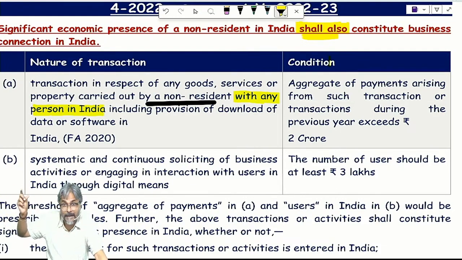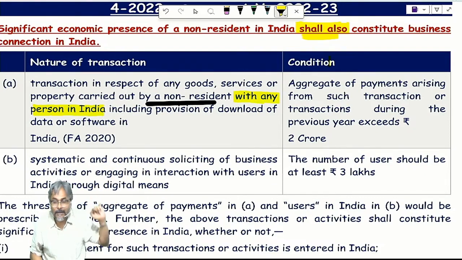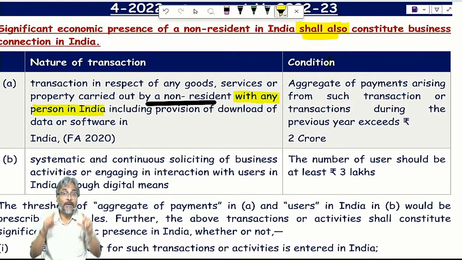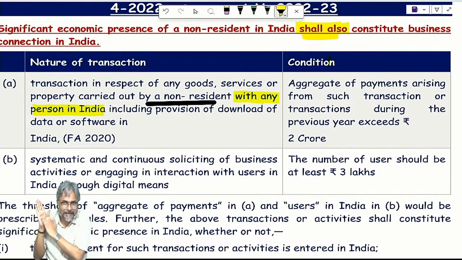So how do I identify? If the non-resident is supplying the goods or services to an address in India, so obviously it will have an address, no? The delivery address would be there.